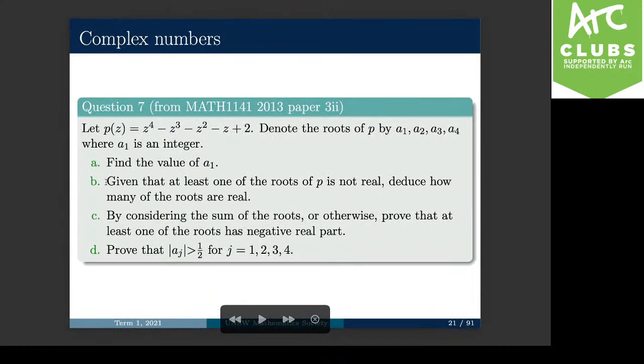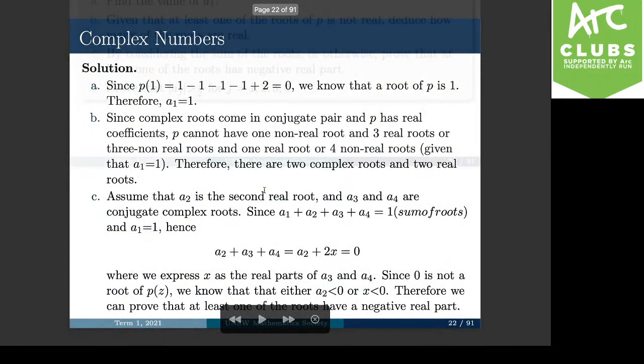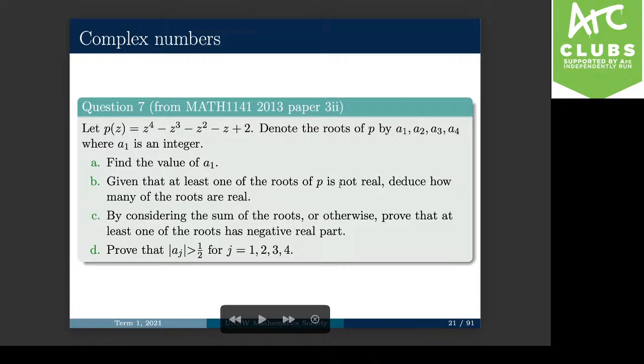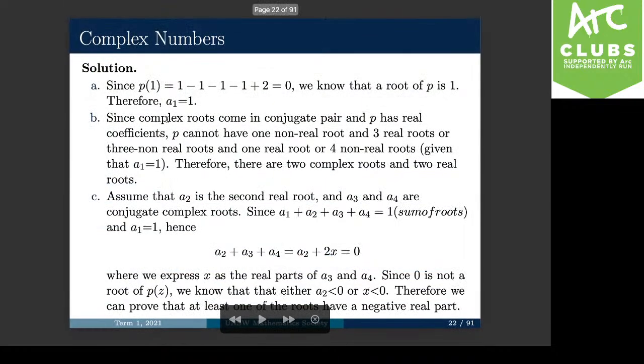And for part B, given that at least one of the roots of P is not real, deduce how many of the roots are real. I guess you could use Maple, but some of the questions require a bit of reasoning, so you could just reason it with words. You know that one of the roots is not real, and you already found that one of the roots is real in the previous part, and there are 4 roots.